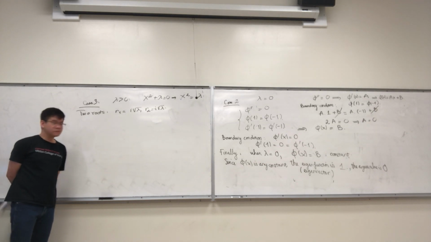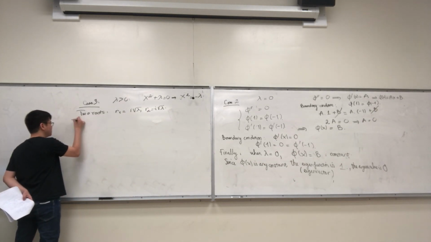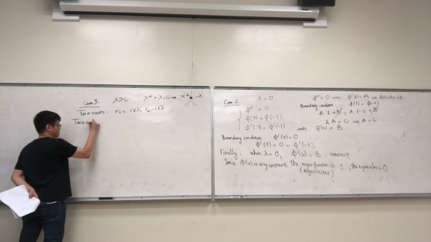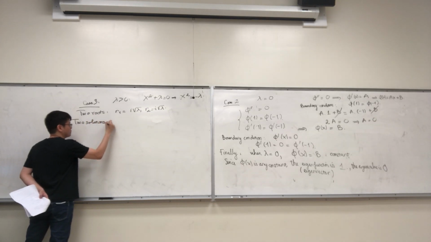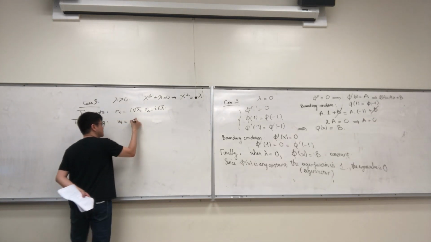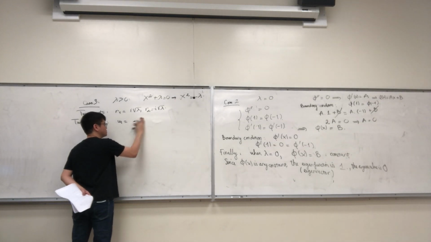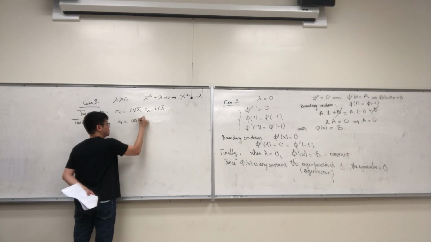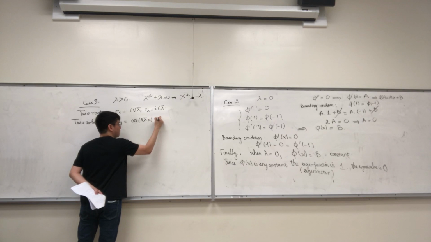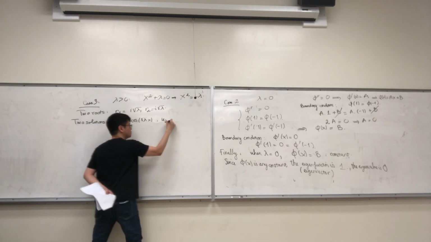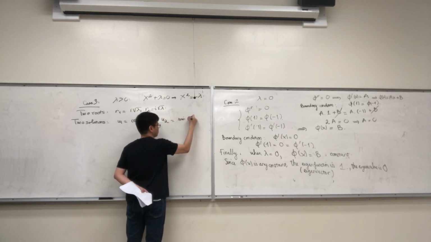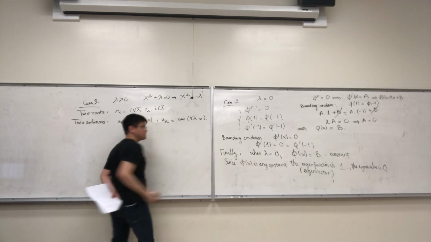Right. So the two solutions will be U1 is cosinus of square root of lambda x, and U2 will be sinus of square root of lambda x. All right?